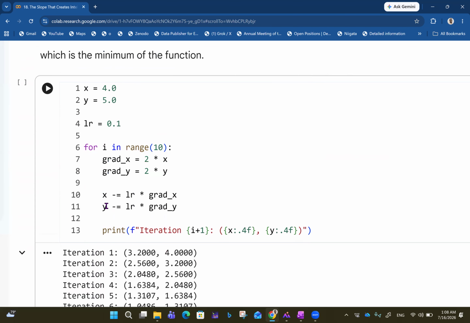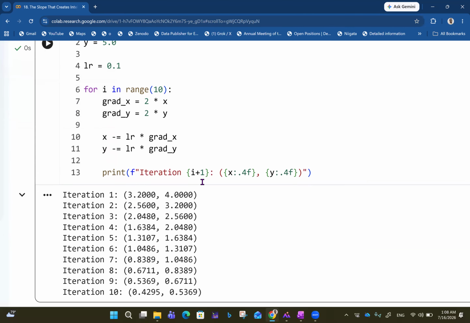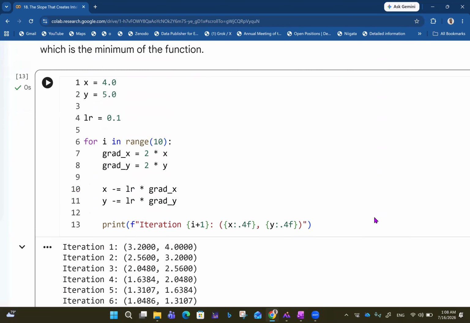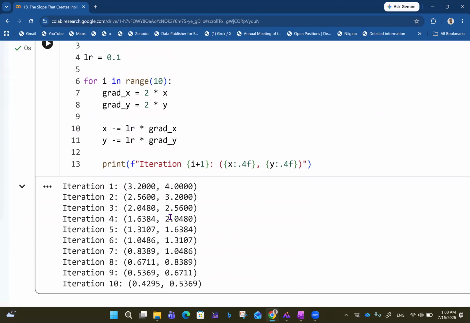The new x is the old x minus the learning rate times the gradient of x, and the new y is the old y minus the learning rate times the gradient of y. Then you print all the iterations. It starts from 3.2, 4.0 that we have here, and it keeps going. You see it's reducing.